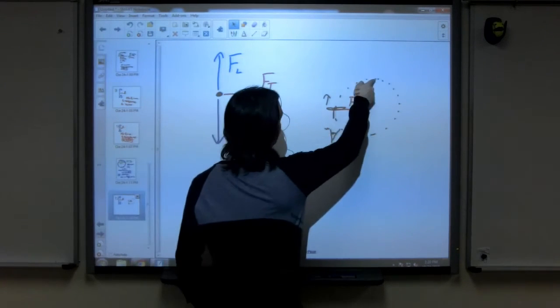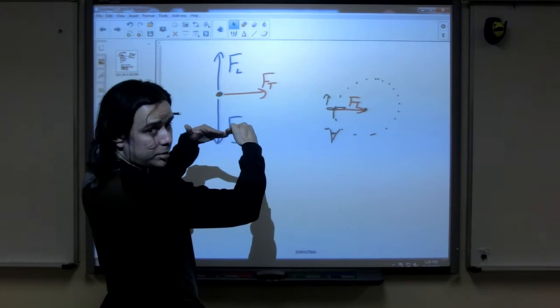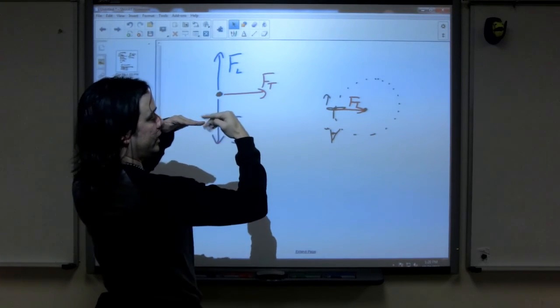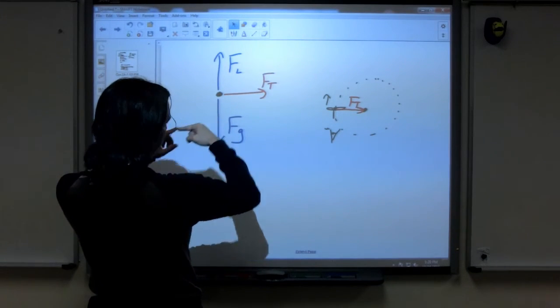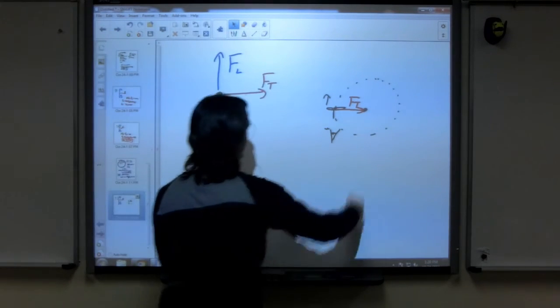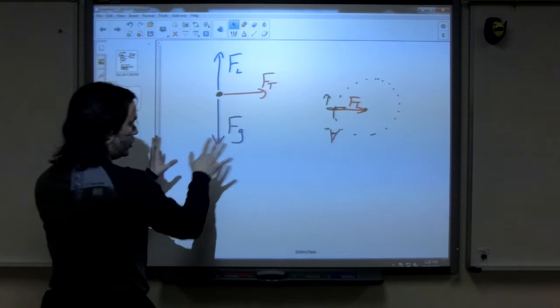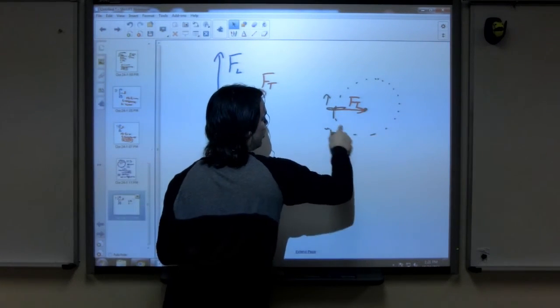Now, if I were to draw it back over here, I might have to change how I'm looking at things. But if I'm in the plane of the plane, so I have the plane moving at eye level, this would be what the free body diagram looks like pretty much at any point with me behind it. Maybe on this side it might point off to the left or something like that, but if I'm standing back here. In short, this is a free body diagram that describes the thing going around.